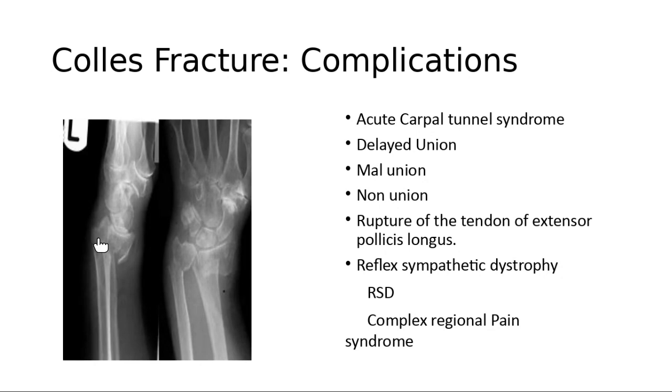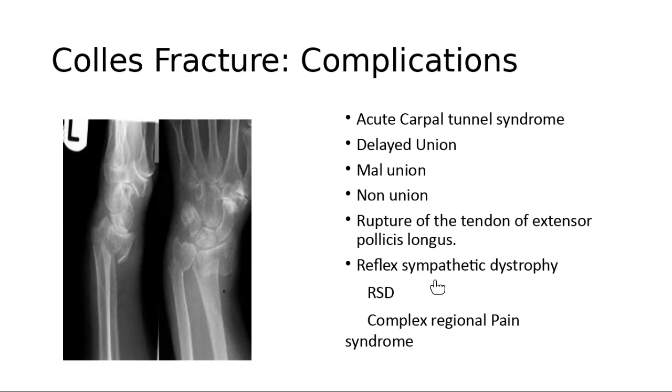tendon and address that. You can also get another condition which we call a reflex sympathetic dystrophy, RSD, or sometimes referred to as complex regional pain syndrome, where you get pain, swelling, stiffness of the hand, wrist, and to a lesser extent the forearm.